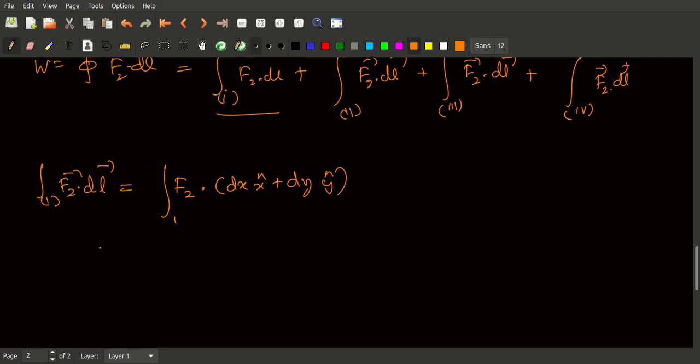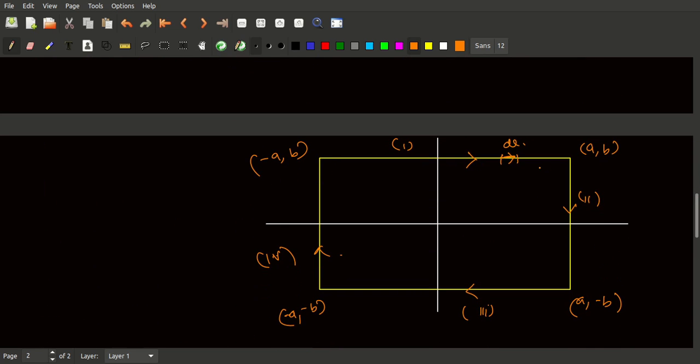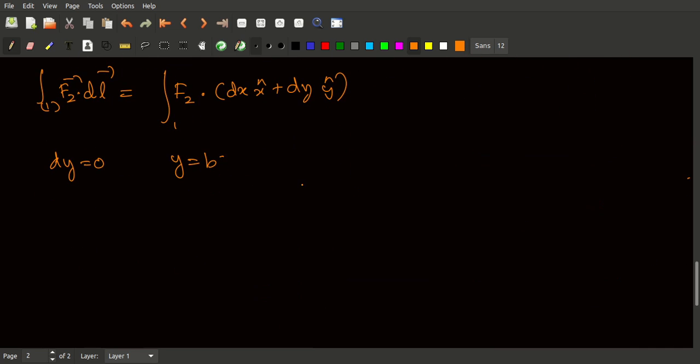Along this path dy is equal to 0, and y is simply equal to b, because y is not changing. If you look at the figure, y is not changing, so dy equal to 0. So I can write f2 · dx x̂, because the dy part is 0.